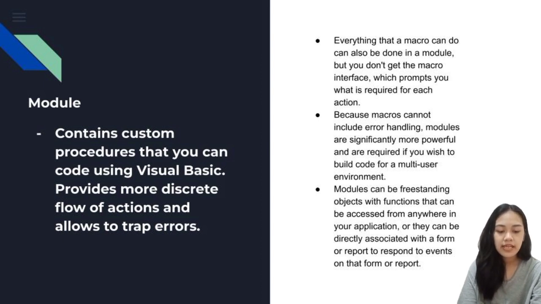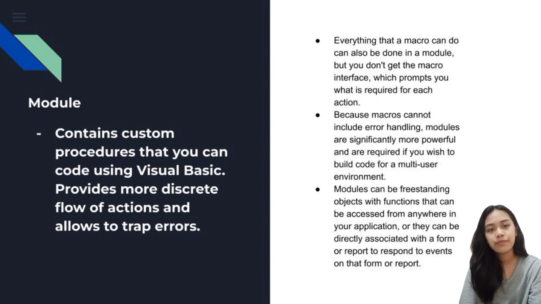Modules can be freestanding objects with functions that can be accessed from everywhere in your application, or they can be directly associated with a form or report to respond to events in that form or report.